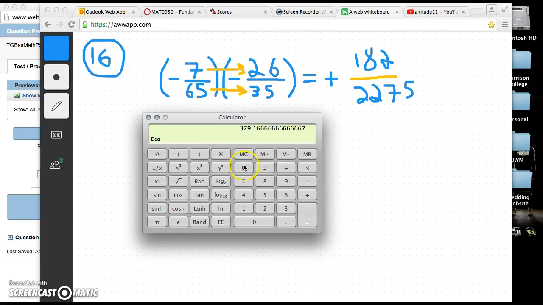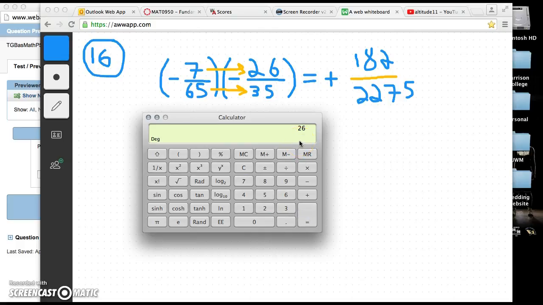Nope. All right. Let's divide 2,275 by 7 to see if we get a whole number. We do get a whole number here with 7. So that means that 7 is a factor of 2,275. Let's see if it's also a factor of 182. So 182, divide that by 7. All right, so there we go.